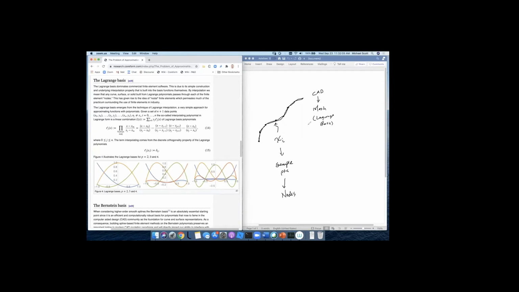So the Lagrange basis is nice because there's this nice interpolating property. So in some sense it makes the mesh generation process kind of intuitive, because you know by definition of the basis that if you put the points or the nodes on your CAD surface, you're going to get a nice interpolating polynomial, which you can then use for finite elements.